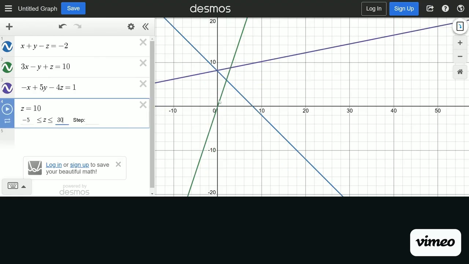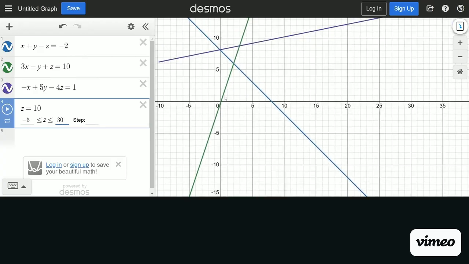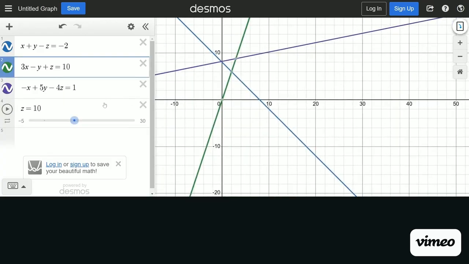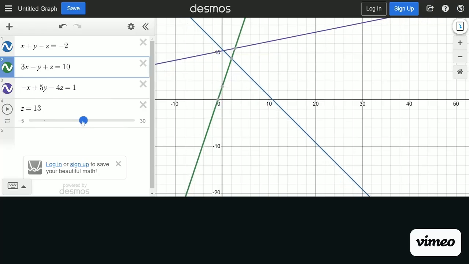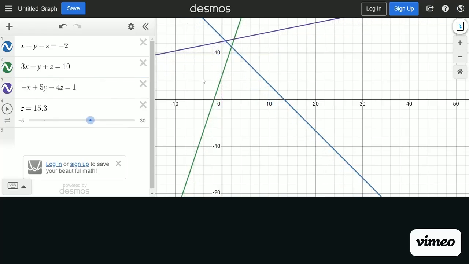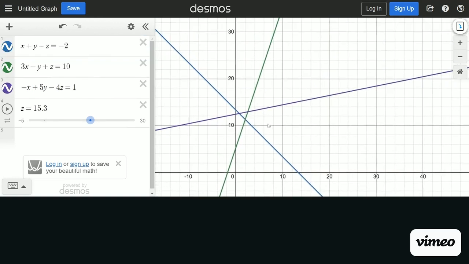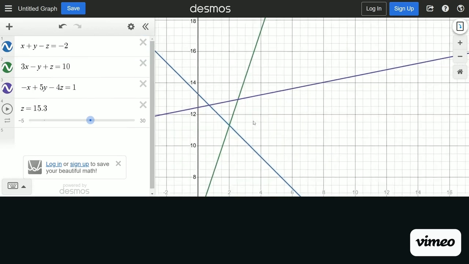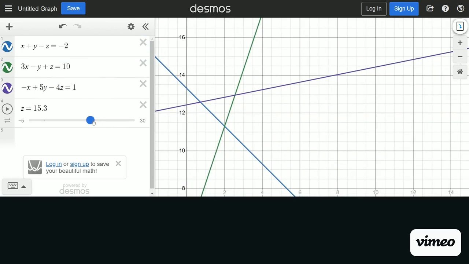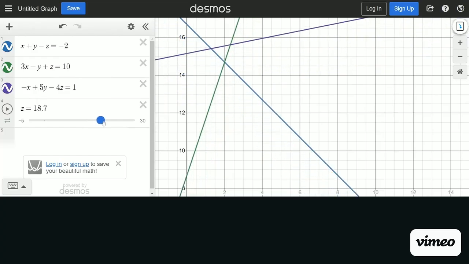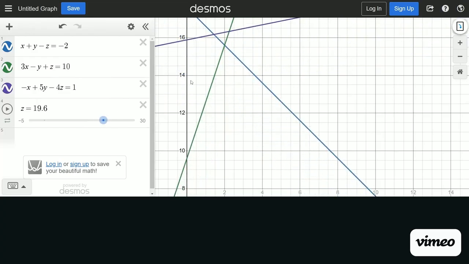Now, let's go back to our slider and keep moving it. It's getting closer and closer. I'm going to have to move my graph down. Keep going till they all three meet.